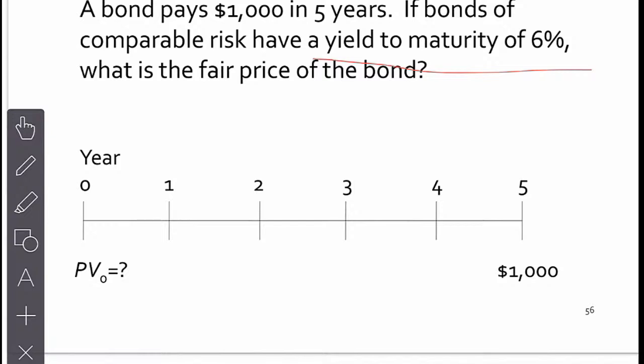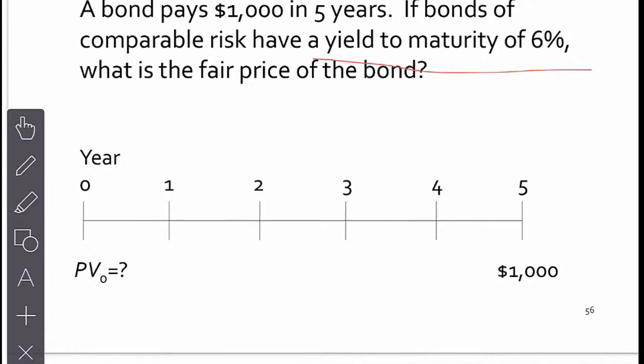It's a loan. If you purchase a bond, you're loaning some money with the commitment of the bond seller to give you $1,000 later. In this case, 5 years from now. So those are the terms for the bond.